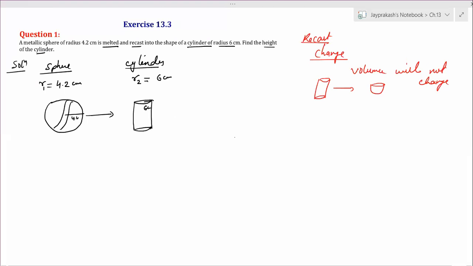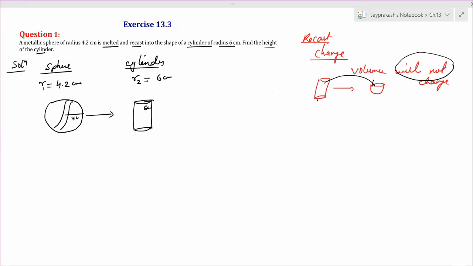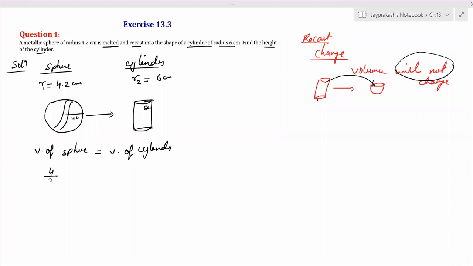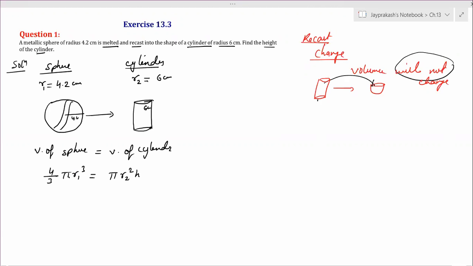As we have already discussed, whenever we are recasting one shape into another shape, the volume will not change. So we write: volume of sphere equals volume of cylinder. That is 4 by 3 pi r1 cube equals pi r2 square h.